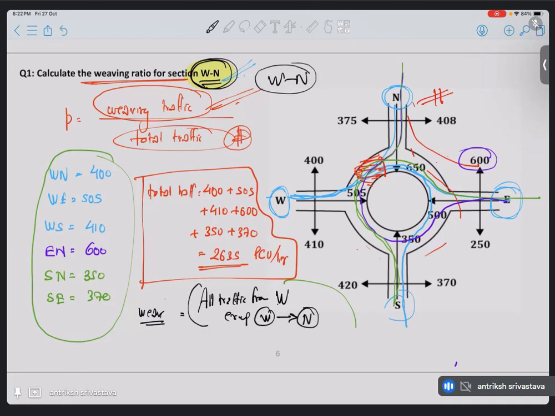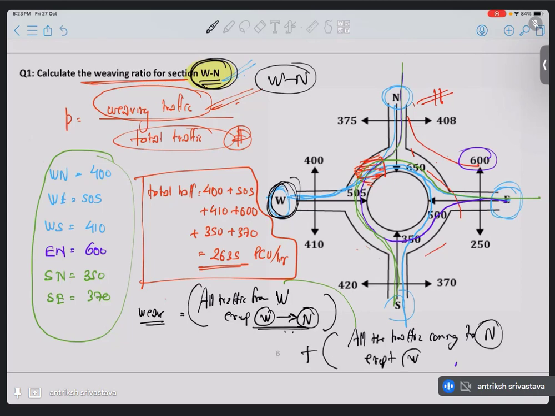So all the traffic that is coming out from the west direction, except the traffic that is going to the north direction from west, plus all the traffic coming to north except from west.